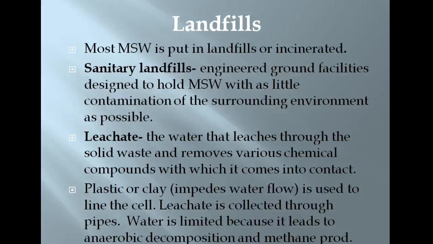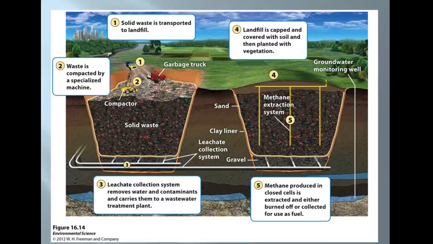Because in a landfill, you're not turning the material, so it's already decomposing anaerobically, which does lead to the methane production. So the leachate, at least in the San Antonio one, collects into a pool and is allowed to evaporate.